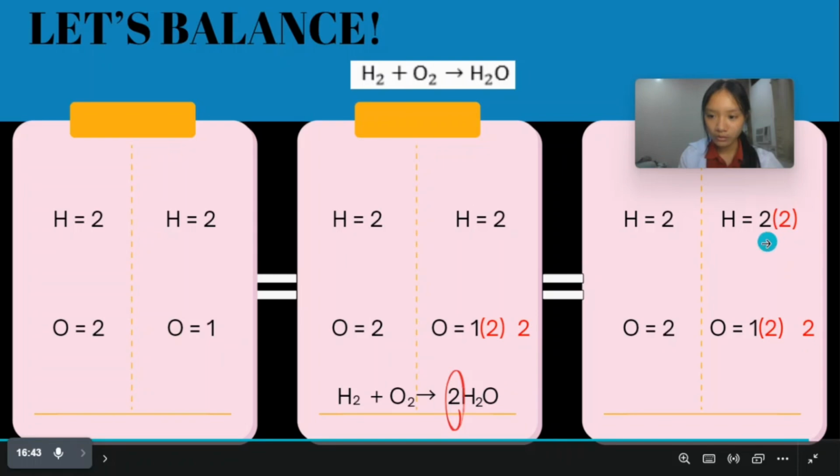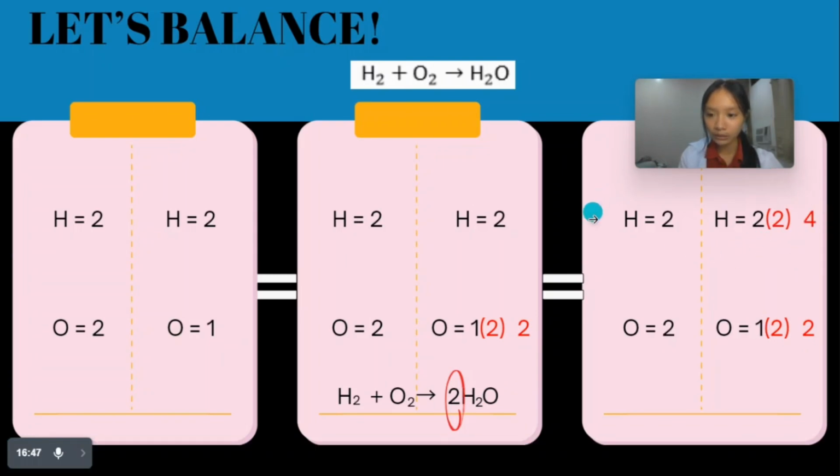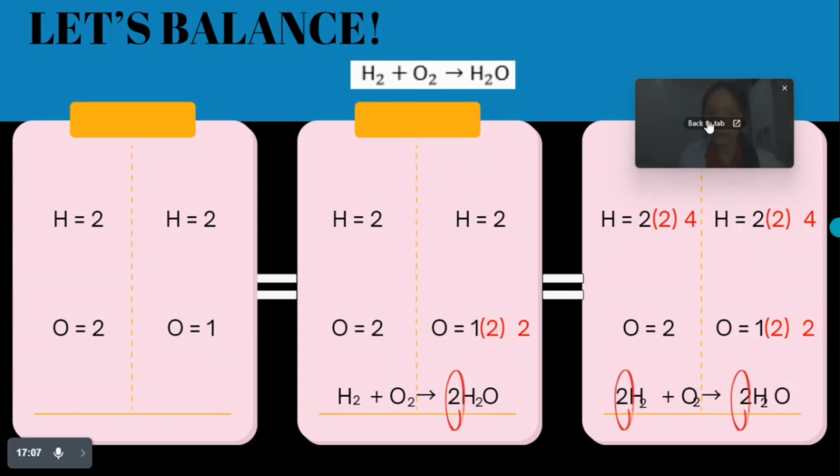So 2 times 2, that will be 4. So the hydrogen now is not balanced. So let's make it balanced. Then let's multiply the left side by 2 to make it 4. And now it is balanced.